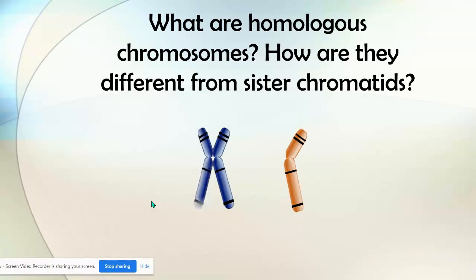Whereas during S phase, when the chromosomes replicate, that makes sister chromatids, and those, like this right here, are identical. A sister chromatid is different from homologous chromosomes, which are just matching chromosomes carrying similar information.